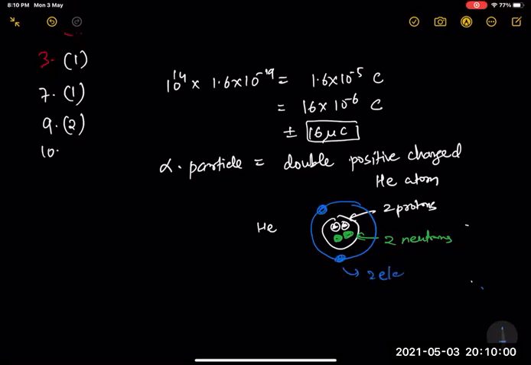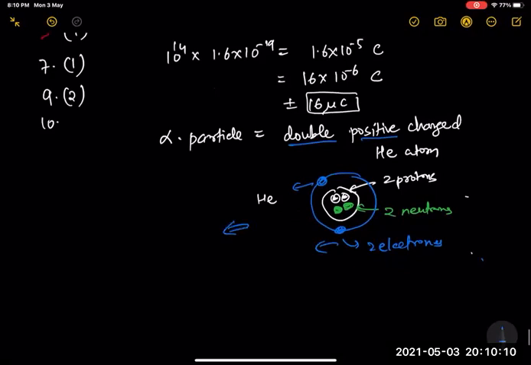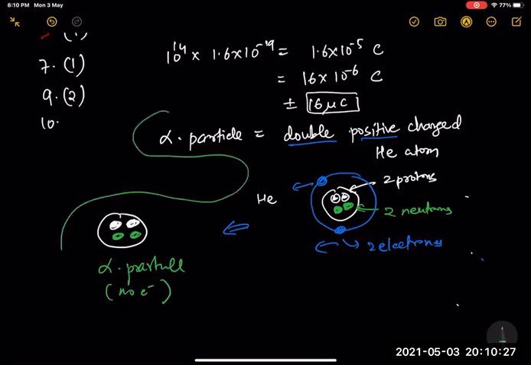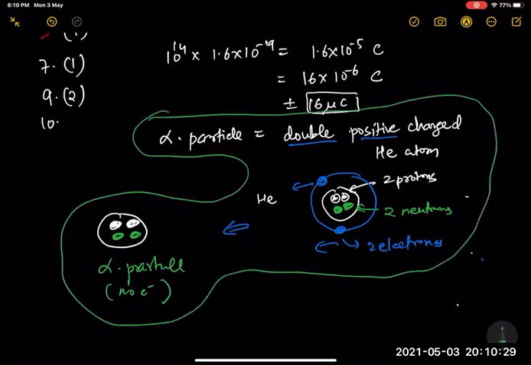Now double positive charge means I am removing both of these electrons. So the alpha particle will be just a nucleus with 2 protons and 2 neutrons. Okay, so this is an alpha particle. It has no electron. Fine, everyone. Please write this everywhere, because it will come many times and you will always be doing it wrong. So write everything about alpha particle.